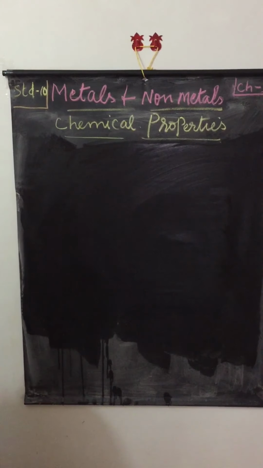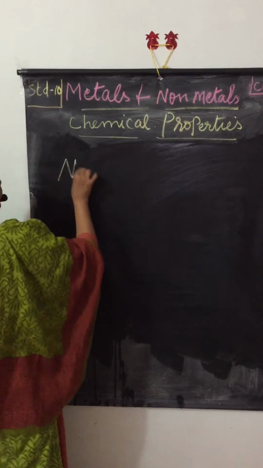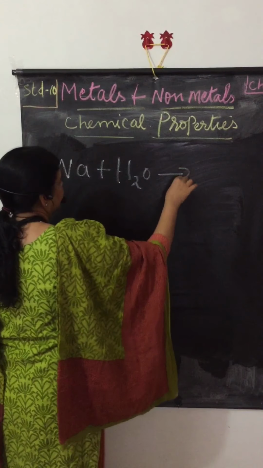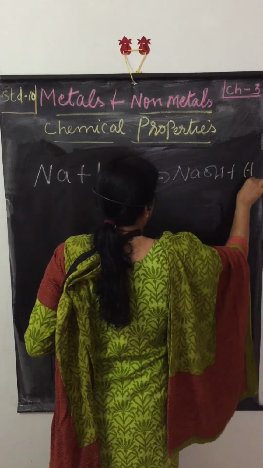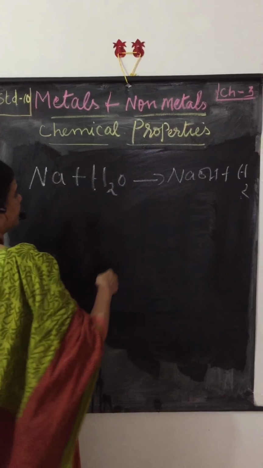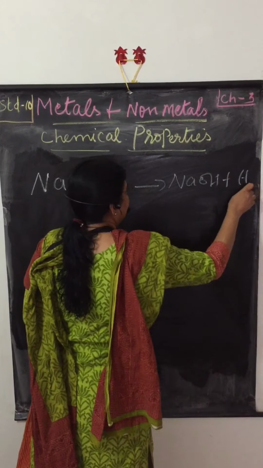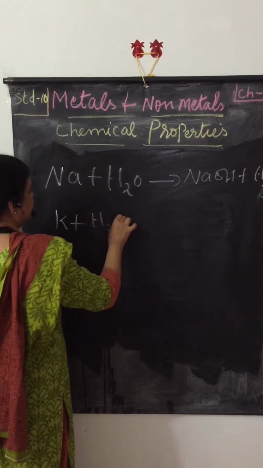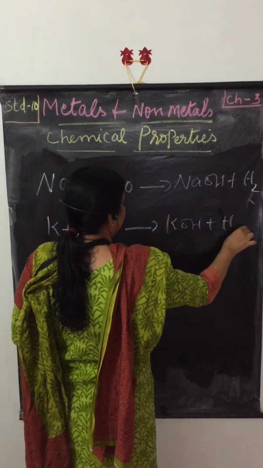For example, sodium metal, when it combines with water, gives sodium hydroxide and hydrogen gas. Similarly, potassium reacts with water to give potassium hydroxide and hydrogen gas.